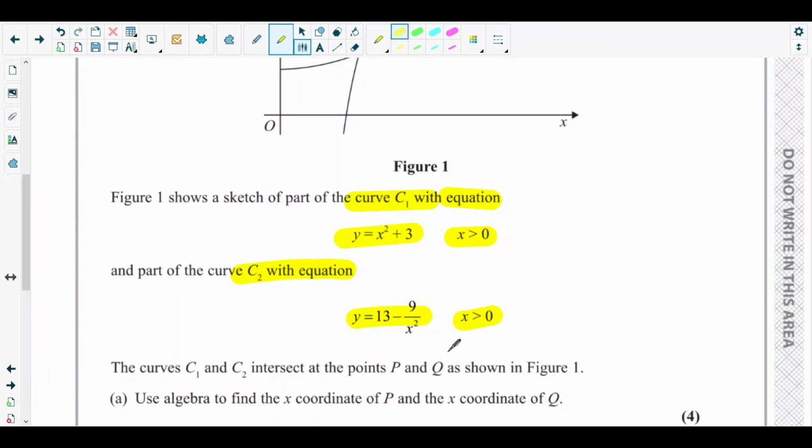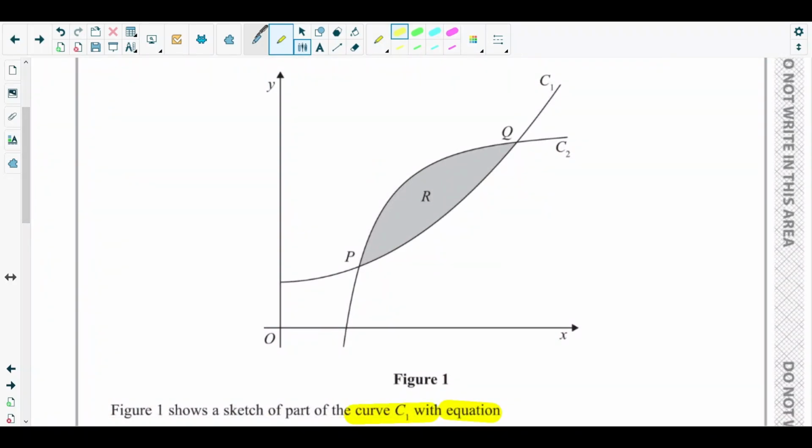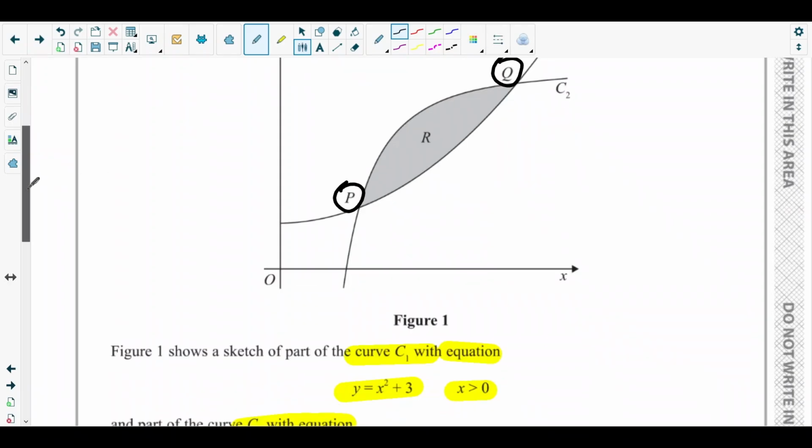It is also on the positive x-axis, so x greater than 0. The curves C1 and C2 intersect at the points P and Q as shown in figure 1. We can see in figure 1 that the curves intersect each other at point P and point Q.